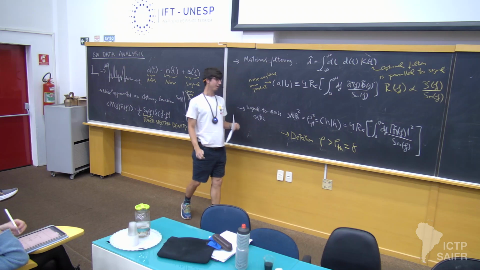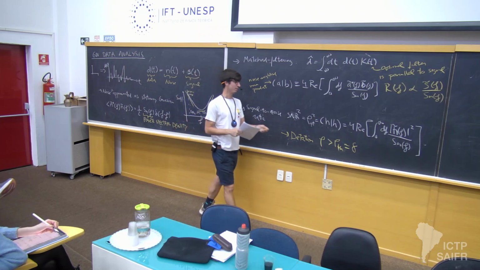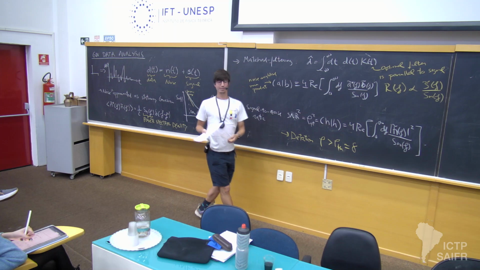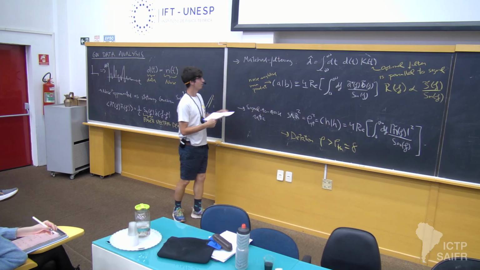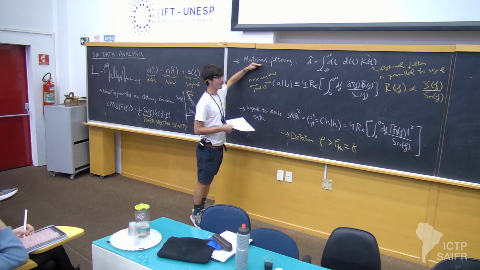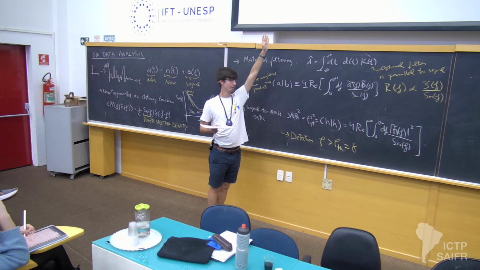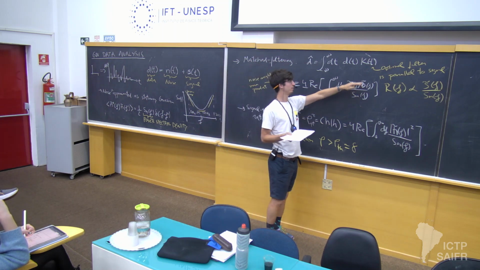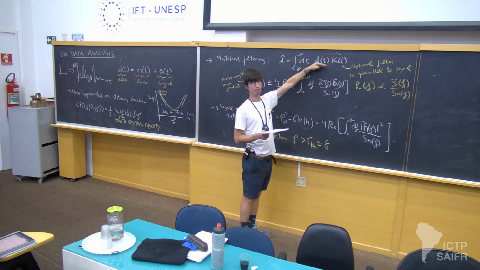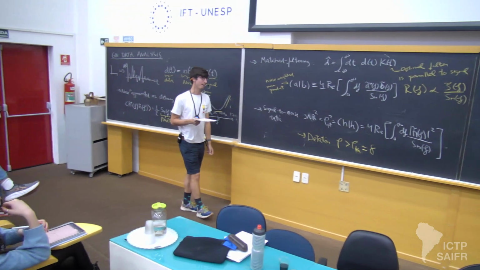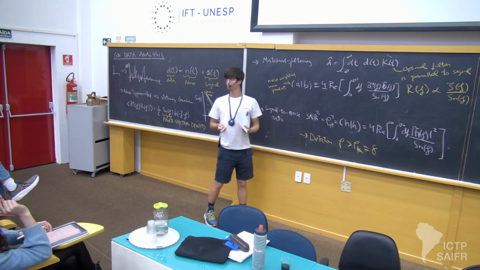So this is the optimal because you are assuming that you have the signal with itself. Yes, exactly. So in practice, when we are filtering the data, we have a whole family of templates that we pass over the data, and then we see which templates give the maximum signal to noise.